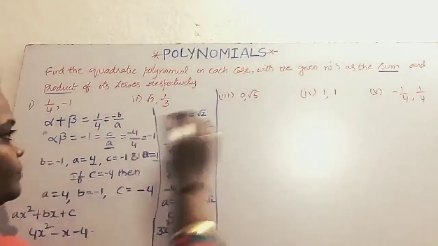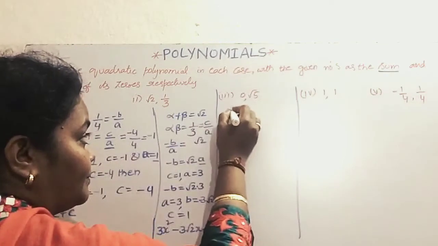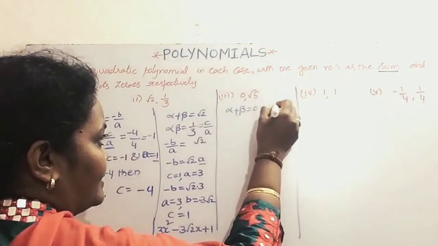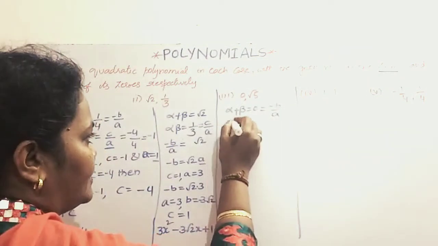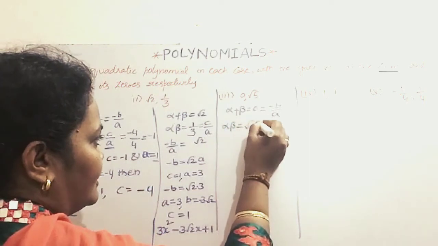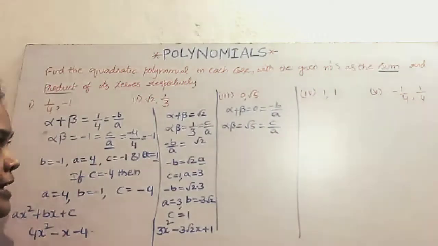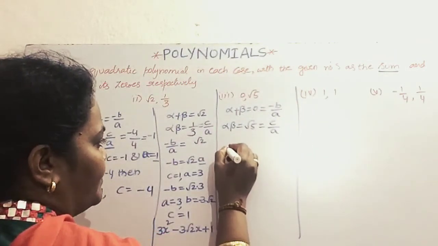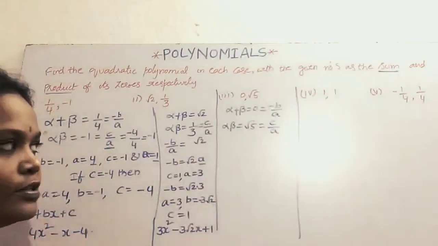And here alpha plus beta is equal to 0. That means minus b by a is equal to 0. So alpha beta is equal to root 5. That means c by a is equal to root 5. Here, if b is equal to 0, then alpha plus beta is equal to 0.